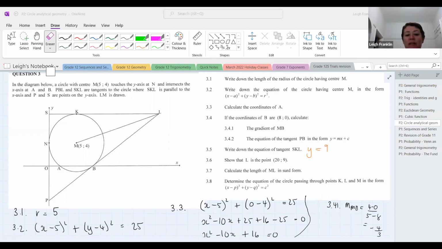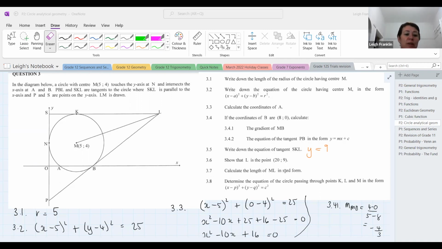Now they want us to show that L is the point (20; 9). So now you know you were definitely right. No, you don't even need to do that, Kanisile. It's just a matter of writing down the answer only, for 2 marks.